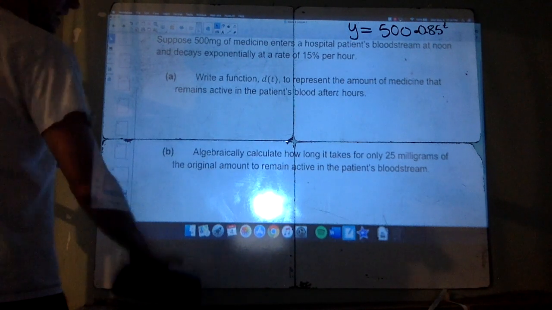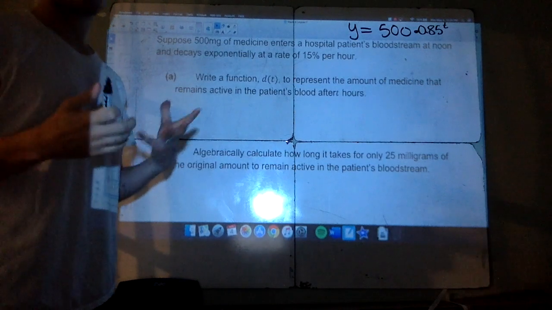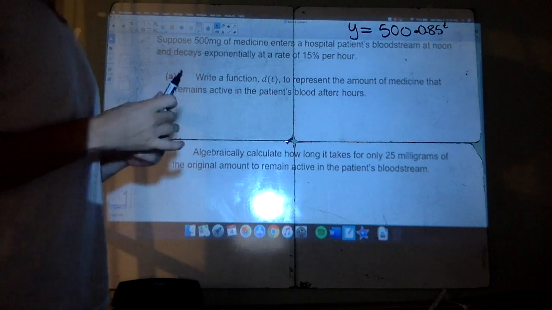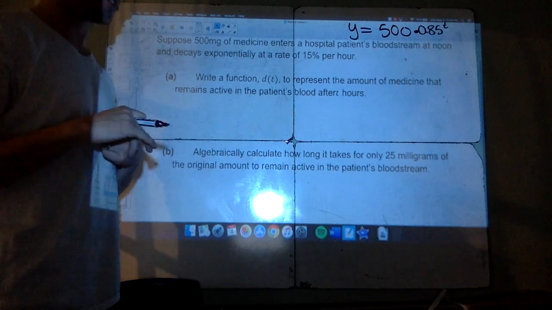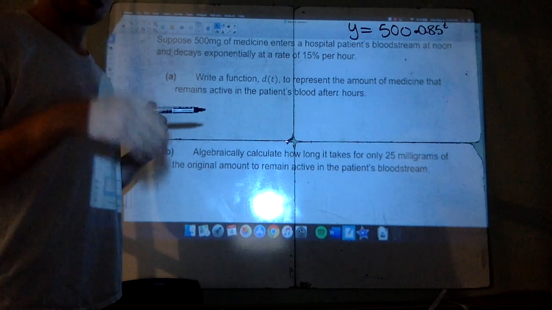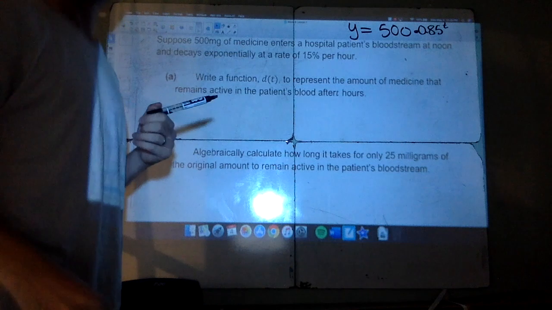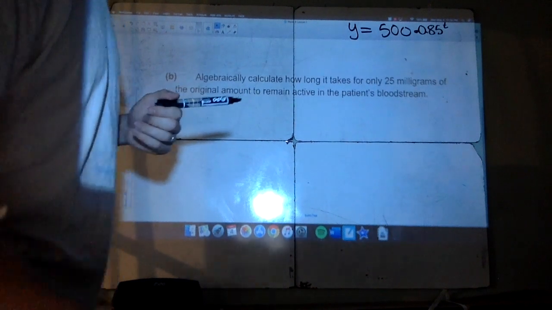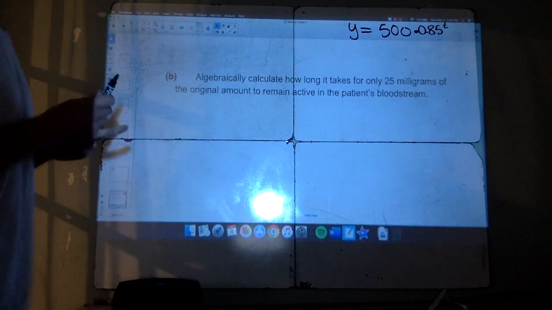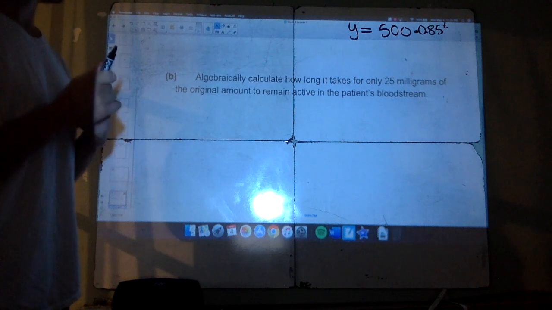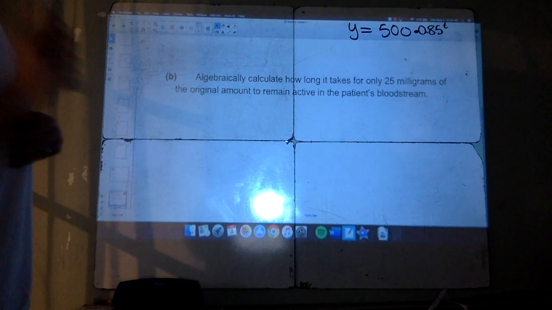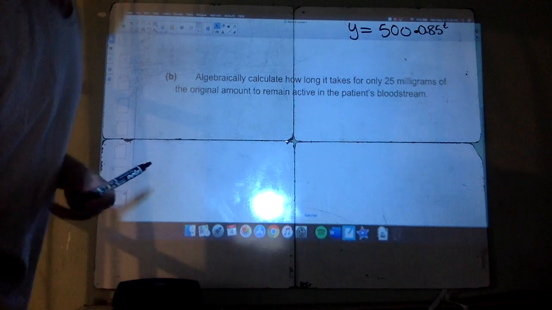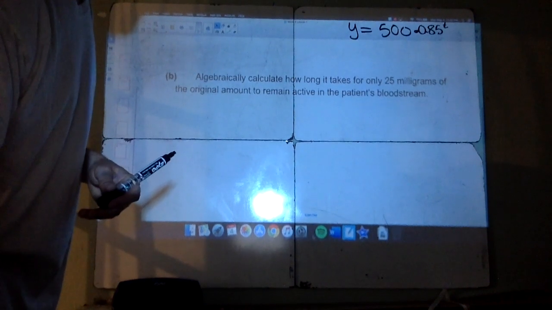So the question's going to ask, and this is something nurses and doctors and anesthesiologists, anyone in the hospital system is going to use this type of exponential function all the time to know when you need to re-up someone with medication. So it says algebraically calculate how long it takes for only 25 milligrams of the original amount to remain active. So we're going to get a numerical number, how long until only 25 is left.